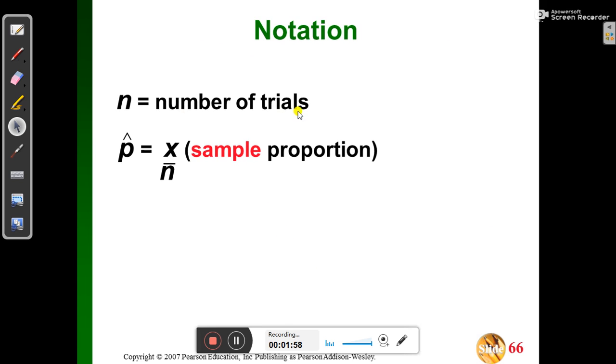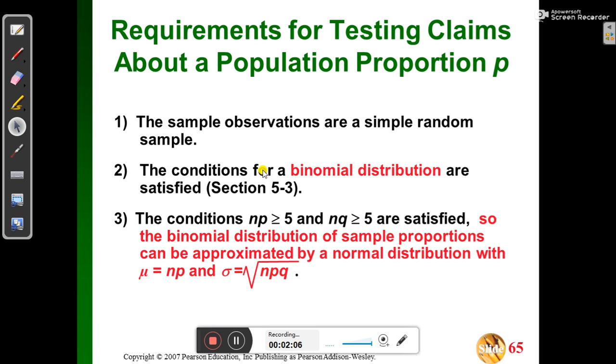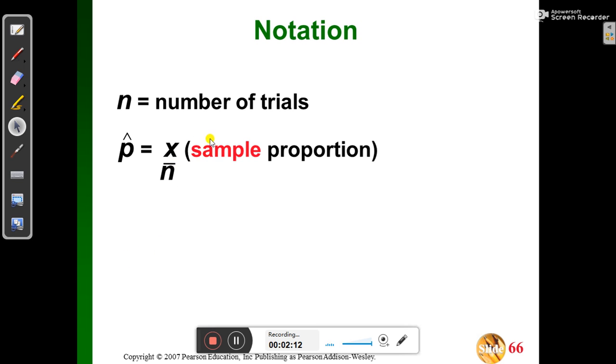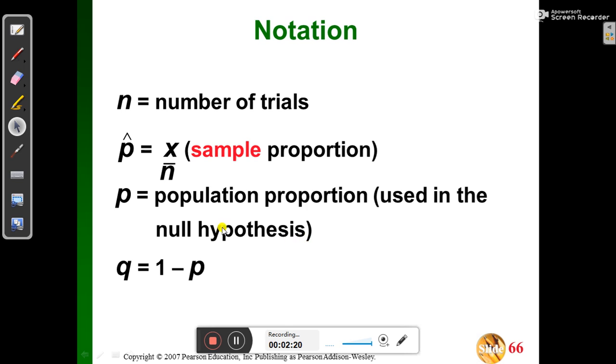Here N is the number of trials, and the sample proportion is X by N. X is the sample number of successes. P is the population proportion used in the null hypothesis, and Q equals 1 minus P, where P is the population proportion used in the null hypothesis.